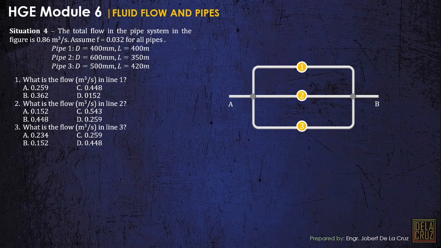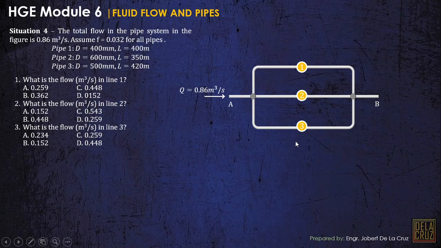So, kanina, may principle tayo for pipes in series. Dito naman sa pipes in parallel, medyo nagbago yung principle natin. Okay, by the way, if yung discharge natin is 0.86, that is the total flow, now imagine nyo, ano yung mangyayari sa flow at this portion dito?